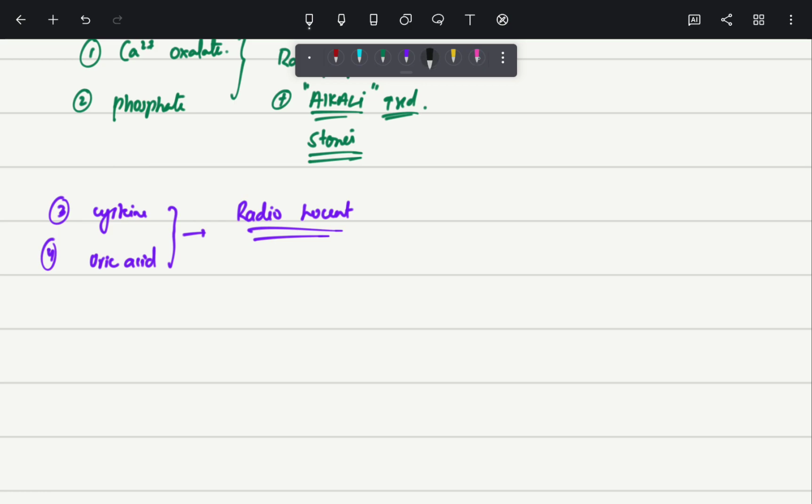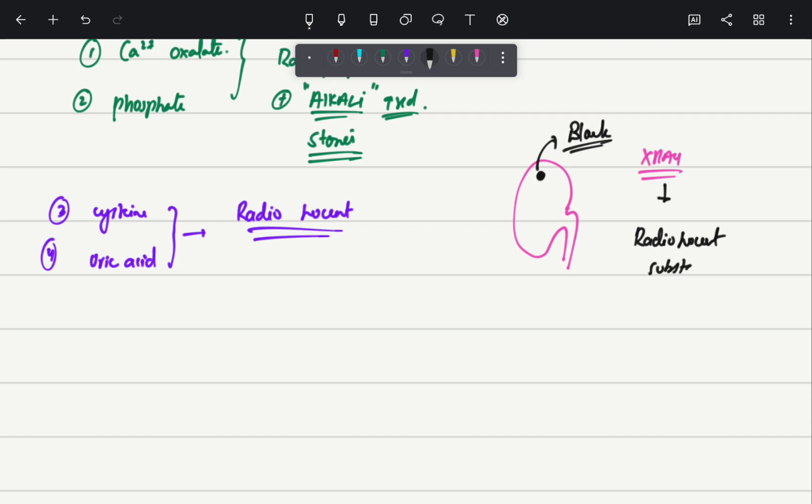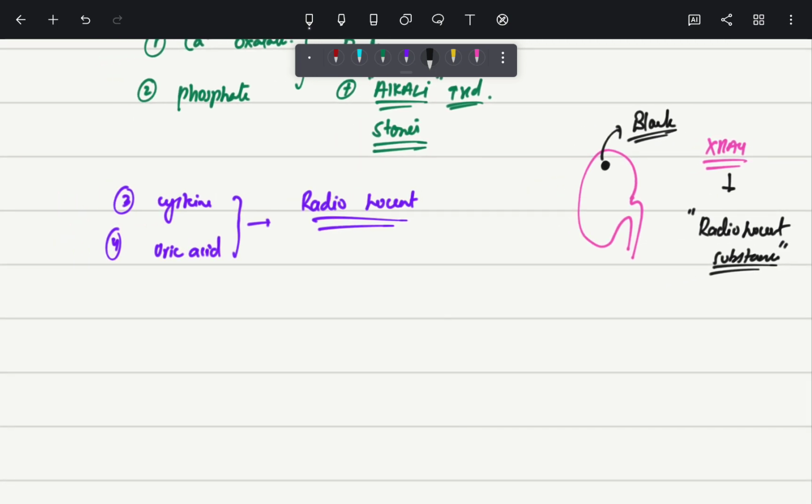Suppose this is the kidney and you did an X-ray of the kidney, and on X-ray you see a very black substance. Such substances are called radiolucent substances. So on X-ray these stones appear black in color, hence they are called radiolucent stones.